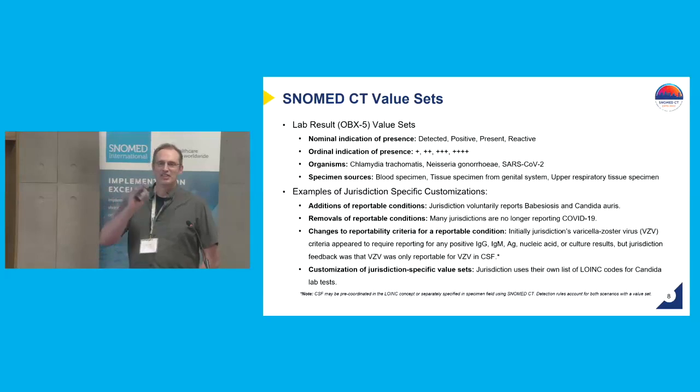Because CSF as a concept can be pre-coordinated into the LOINC code and come in OBX3, or it can show up in a specimen field separately. So the value sets had to be modified or adjusted or customized to detect the specimen CSF if it came in OBX3 or in the specimen field, and then apply that rule for reporting.